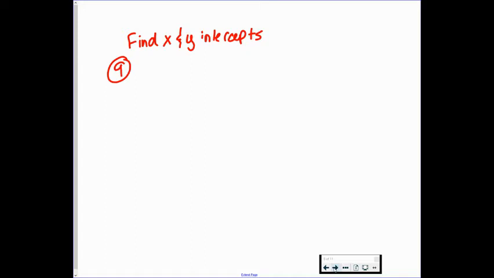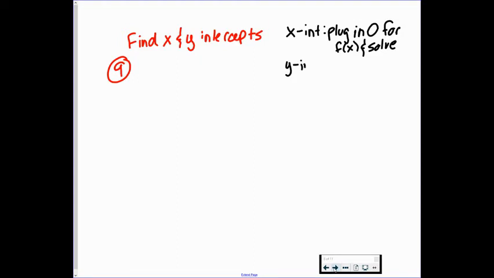So before we start going through and finding the x and y intercepts, there was a rule that we wrote down in our notes that told us how to do this. To find the x-intercept, we're going to plug in 0 for f of x, or whatever your function may be, and solve.